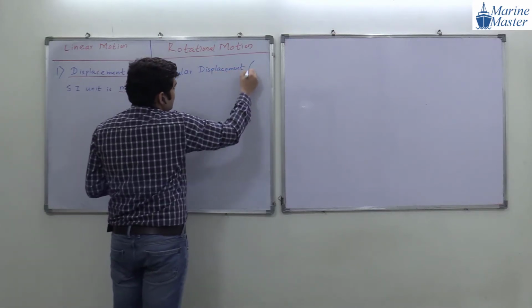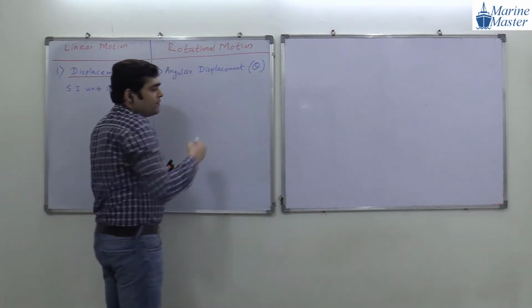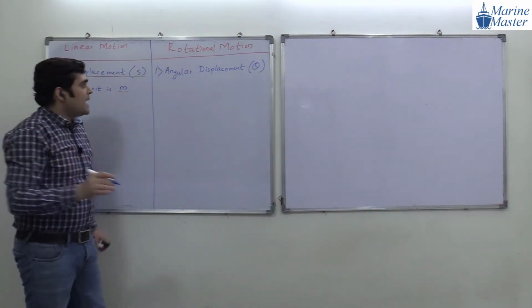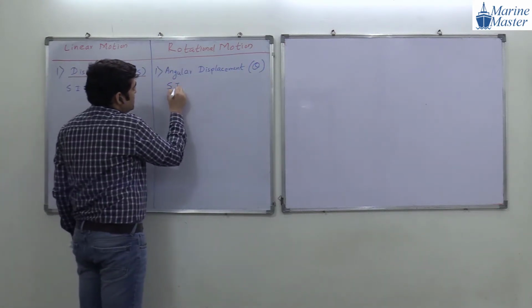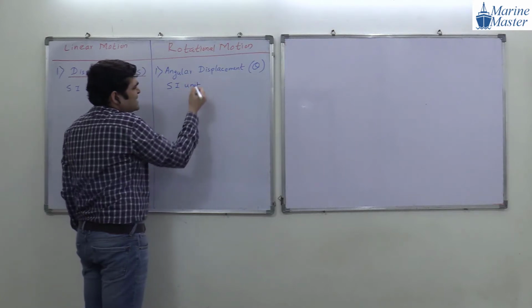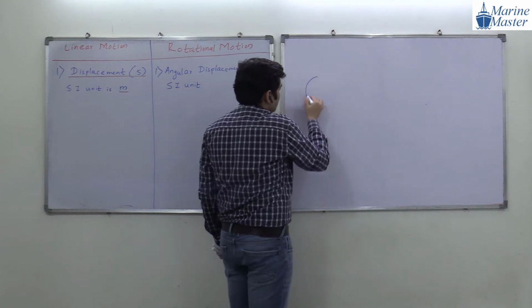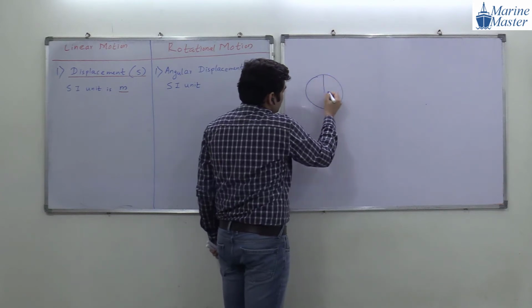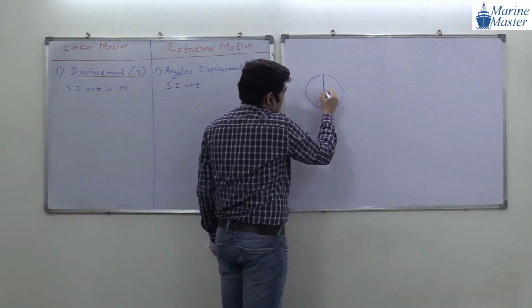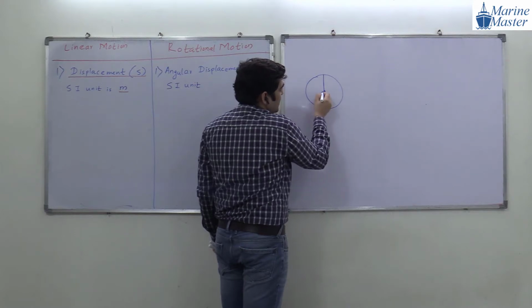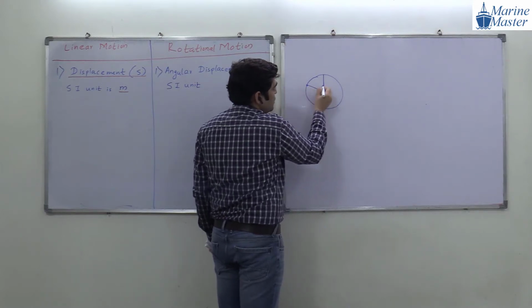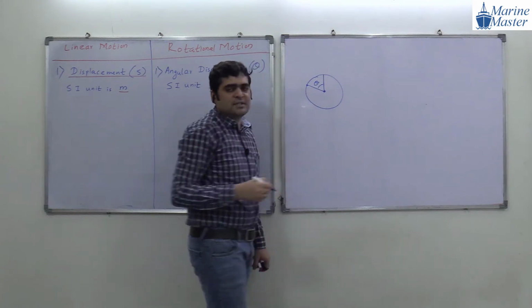This angular displacement is denoted by theta. Angular displacement basically means the angle covered. Suppose this is a disk in one position, and it comes from this position to this position. This is the angle covered by the disk, theta.